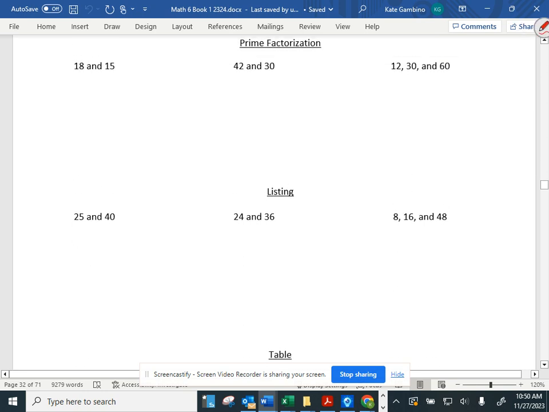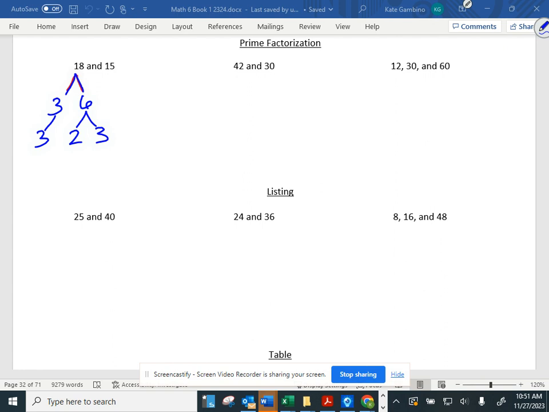Remember, prime factorization, you break down, let me do it in blue because we can't put examples on there, but you break it down, 3 and 6. 6 can be broken down into that 2 and 3, and then our 15, our 3 and 5. Greatest common factors, they share a 3, but they don't share anything else, so our greatest common factor is that 3.